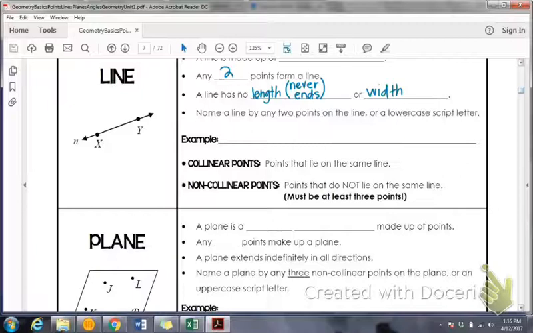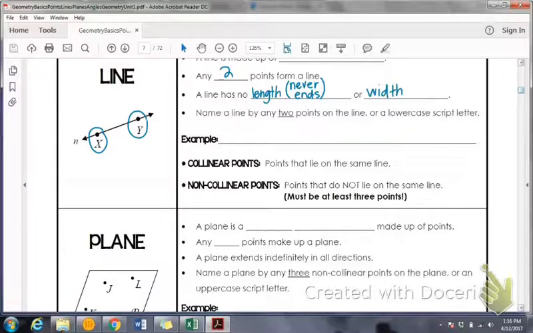We name a line by any 2 points on the line or a lowercase script letter. That means just cursive. So if you look over here on the left side, do you see that X is a point and Y is a point? They are not on the arrows. We don't have arrows that we're naming X and Y. They're actually points that are on the line and the arrows go after them.